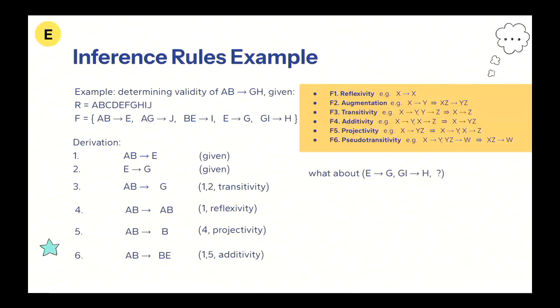What about this one here? So which rule can we apply to these two dependencies? E determines G, GI determines H. So which one of the 6 rules could be applied? Oh, that's fast. Pseudo transitivity here. So what will pseudo transitivity give us here?